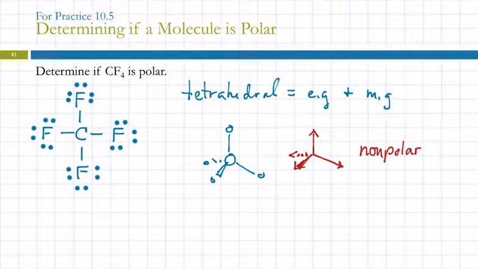I find very few students who like to think about vectors. So let's do the other method, my shortcut. Start with the Lewis structure, and we have 2 conditions that we have to meet for it to be nonpolar. We have to have no lone pairs on the central atom.